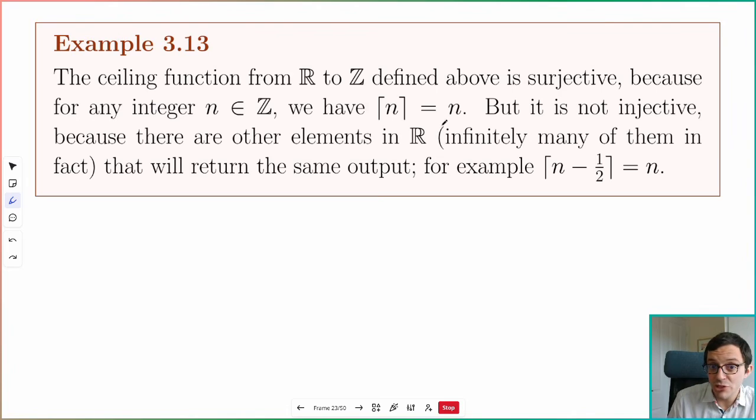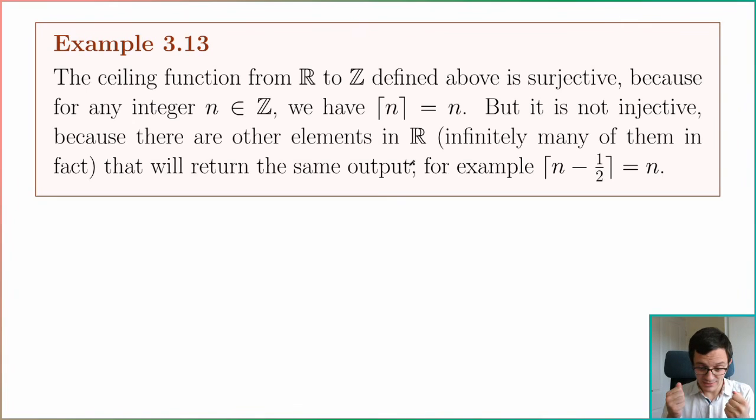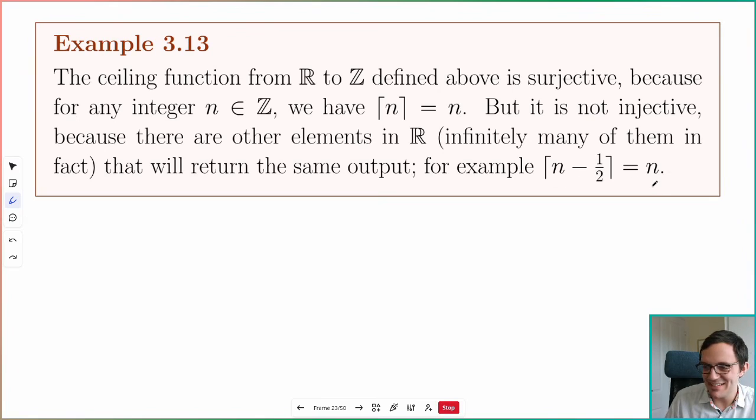But it's not injective because there are other elements, so if you like x1 and x2, for which the function agrees, you get these collisions. And this happens quite a lot, infinitely many of these examples. Just one would be enough. Even the example I've typed up here is infinitely many examples. I really just need one.